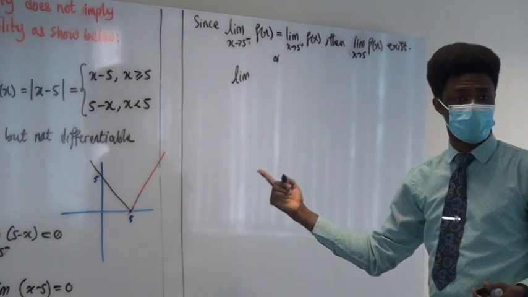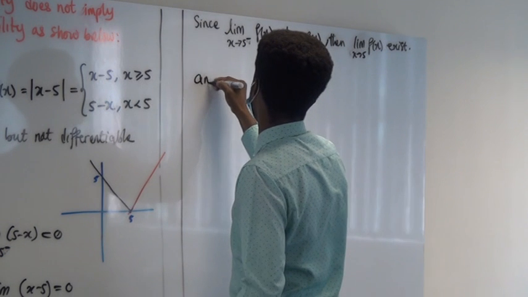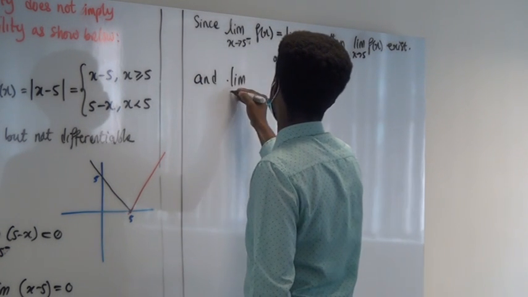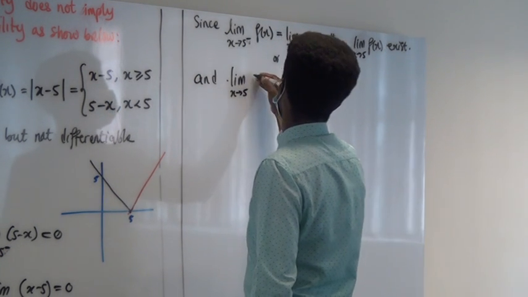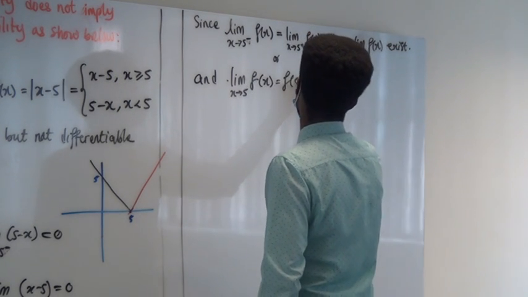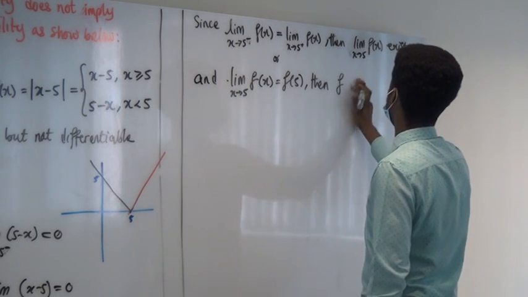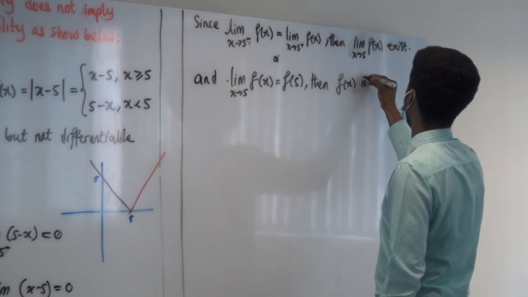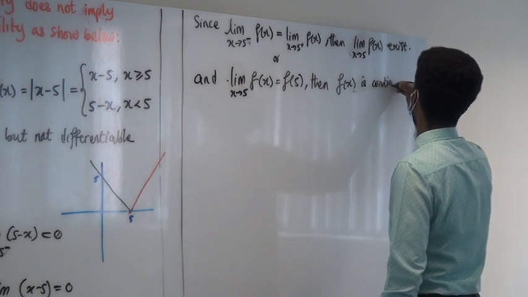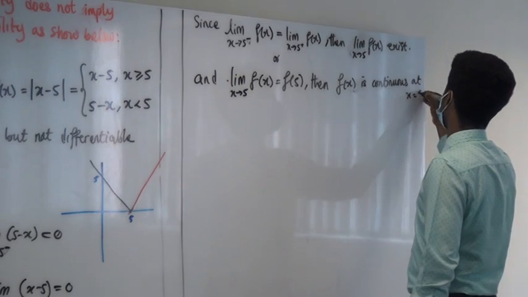This is the existence of the limits. Are you with me? And since this limit that exists is actually what? F of 5 itself, then what can we say? F of x is what? Continuous at x equals 5.